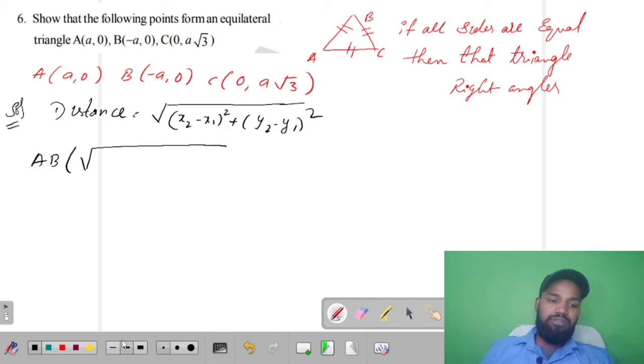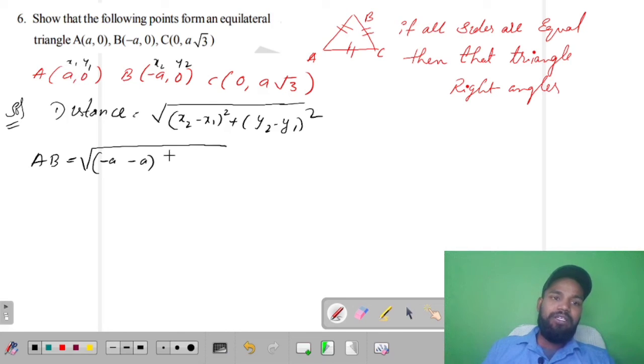so we remove this one, it is not at all useful here. So AB equals under root x2 minus x1. For suppose this is x1, this is y1, x2, y2. Now x2 minus x1, what is x2 here? Minus a, minus x1, which is a.